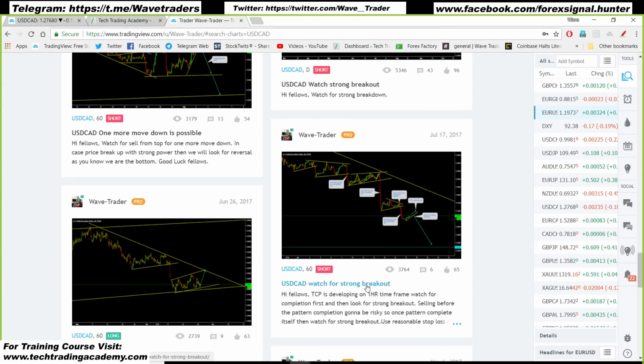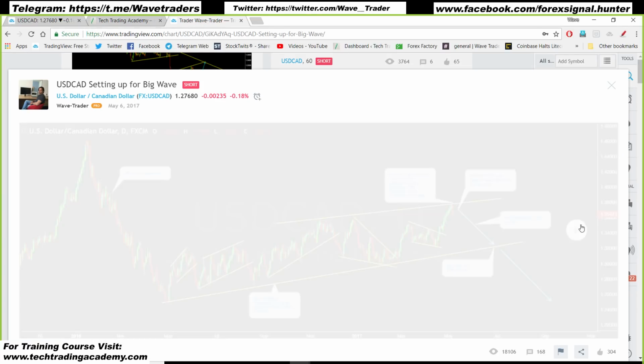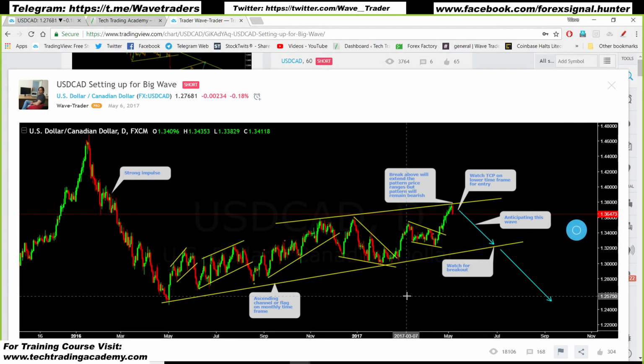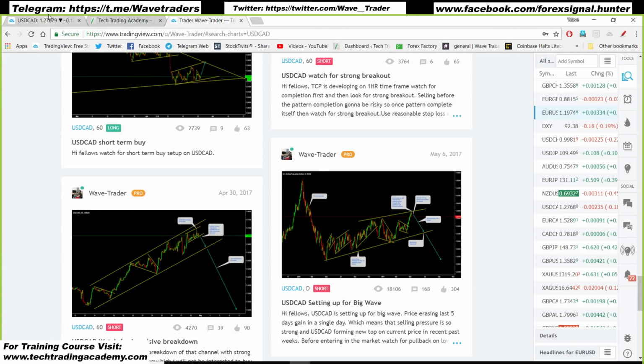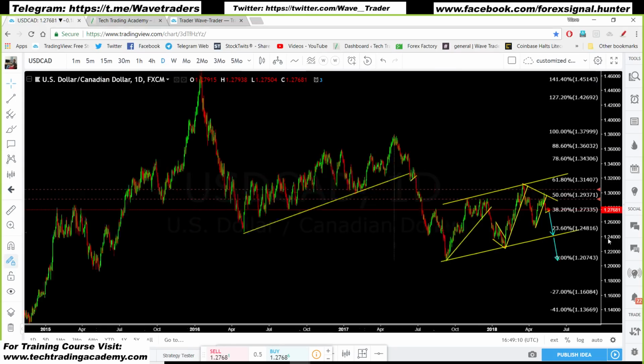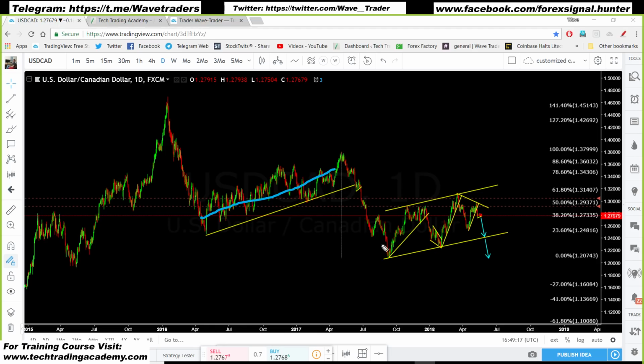Let me show you that chart. Same pattern. That wave, that big drop. This pattern is quite similar to the previous one. So correction, a big drop can appear over there.